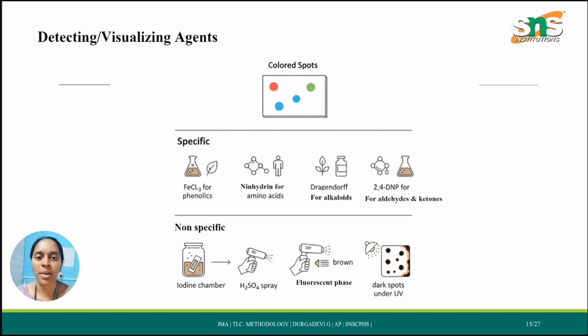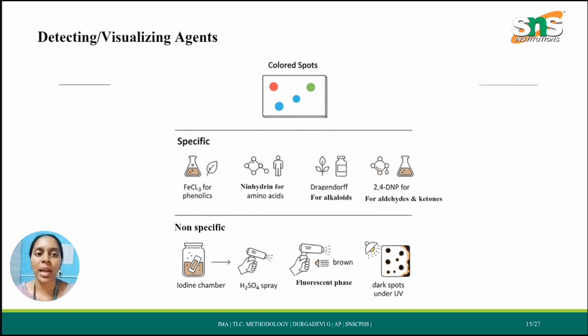As time passes, the iodine will sublime, so all the solid iodine will be converted into vapor, and this will settle or be adsorbed onto the surface of the developed spots. So you can see brown spots.